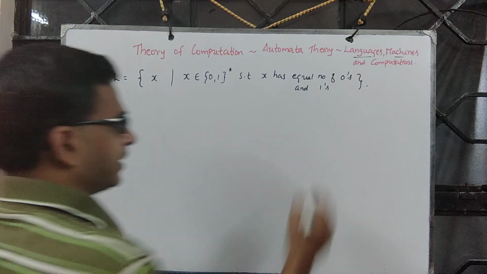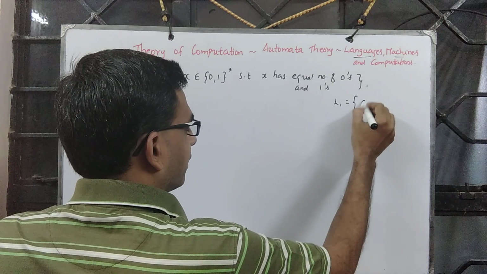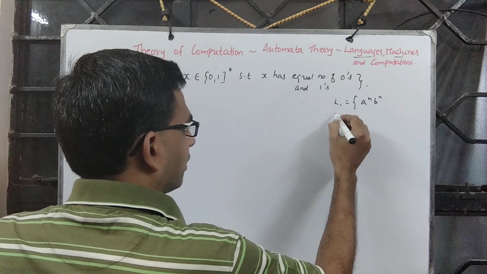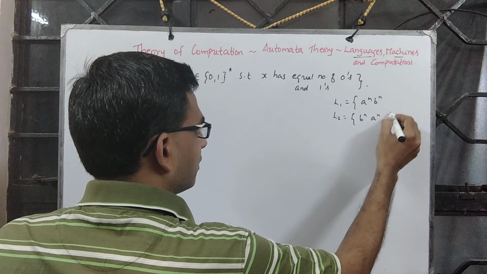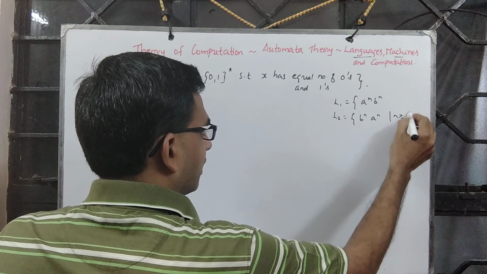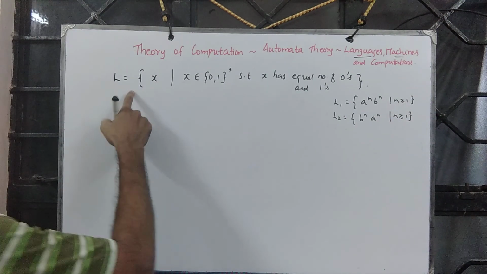So languages like a power n, b power n, or languages like b power n, a power n, and all these are special cases of this language.